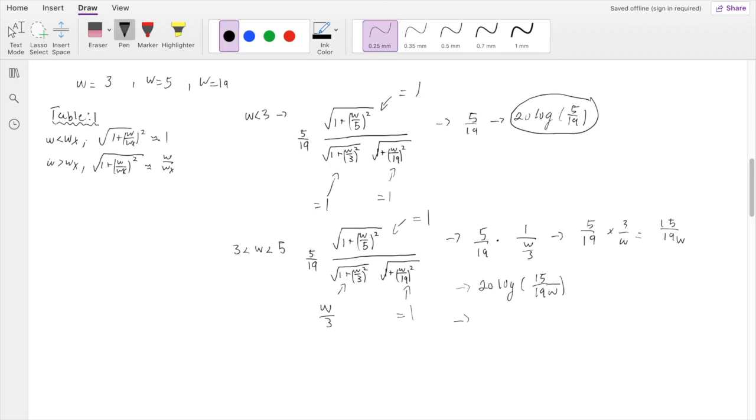So using our log rules, we can simplify this into 20 log 15 minus 20 log 19... Sorry about that. We actually have to simplify this into 20 log 15 minus 20 log 19W.